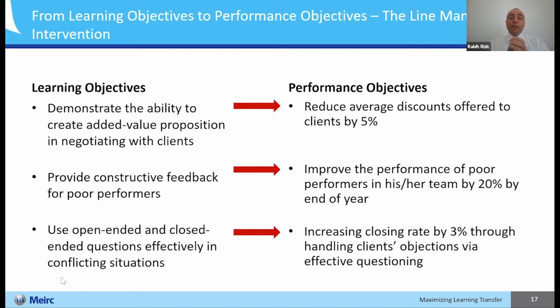What is the percentage of managers that would do that with their employees? I'm going to repeat the question again. What is the percentage of managers that would sit with an employee before a training and agree with them on what behaviors they would like them to see change after they attend the training?